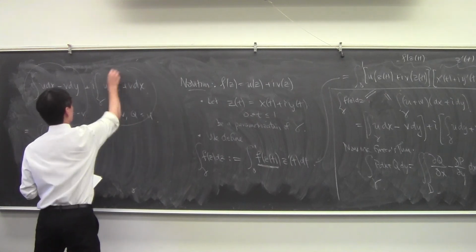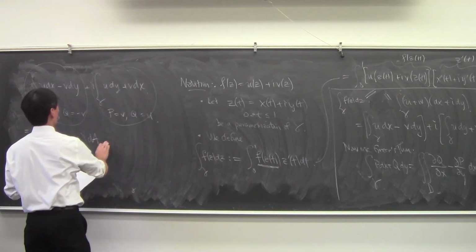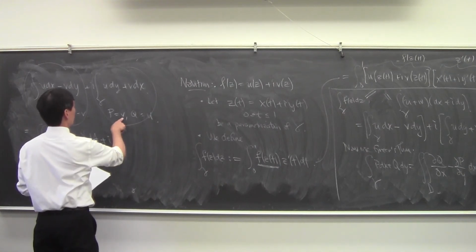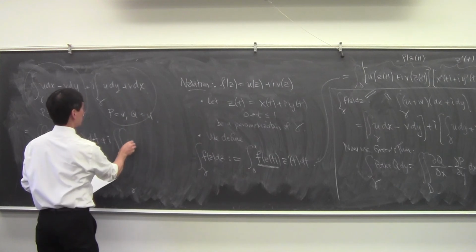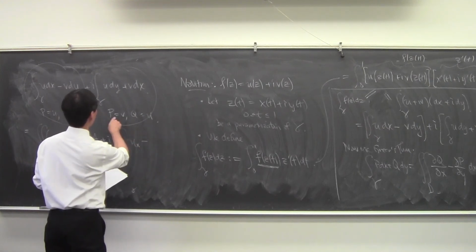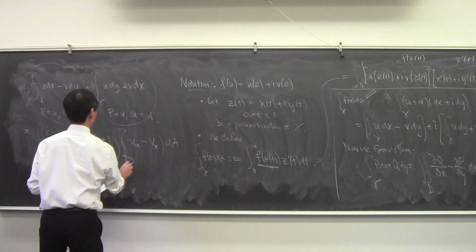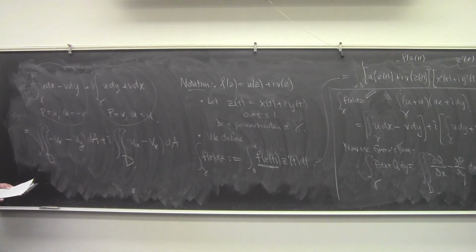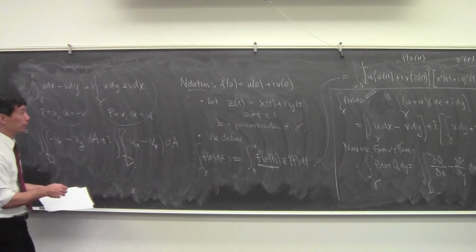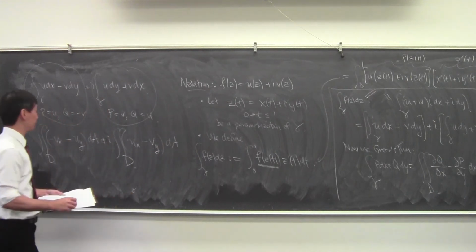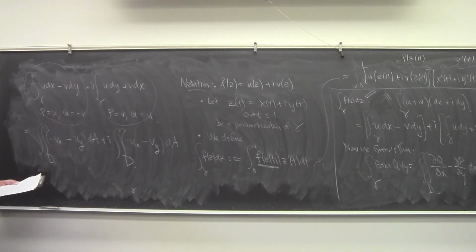So this says that you get plus i times the double integral of dQ/dx minus dP/dy dA over the interior. Wait, I've got something wrong. This should be dP/dy.